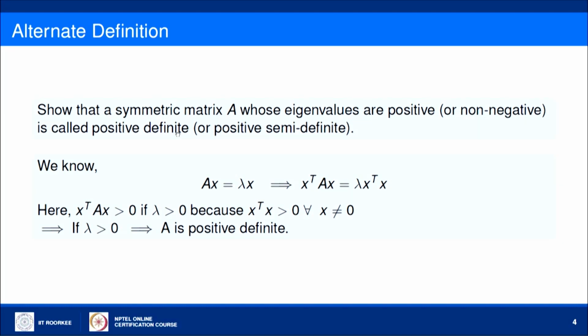So here what we need to prove: we have a matrix A, let us say an n by n matrix, and we have to prove that if all the eigenvalues of A are positive, then it is a positive definite matrix, and if all the eigenvalues of A are non-negative, then it is a positive semi-definite matrix.